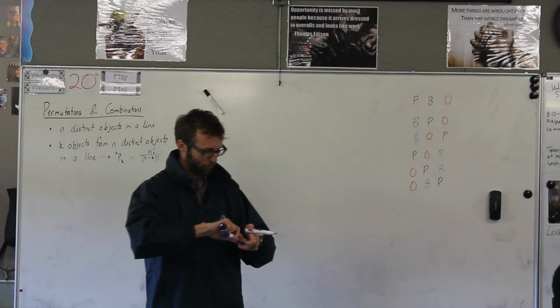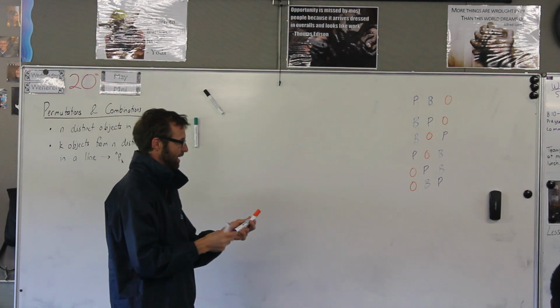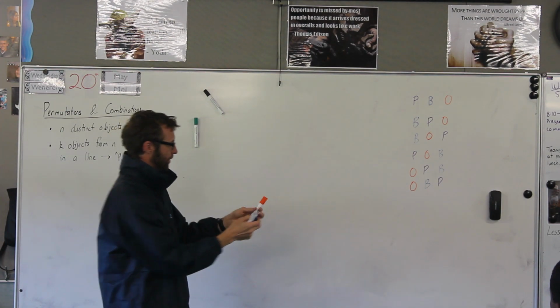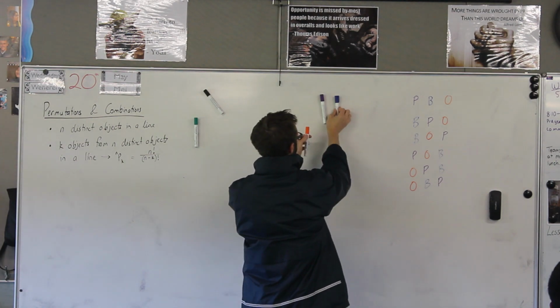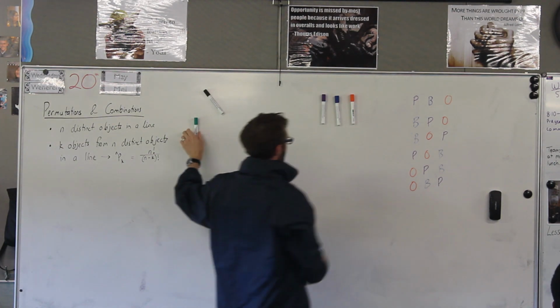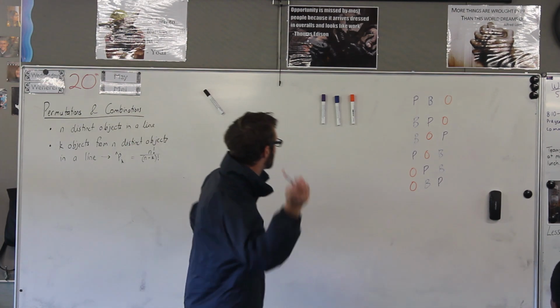Okay, so now we've got those options. We want to add a 4th colour to all of this. What are we going to do when we add a 4th colour? For each of those different options, I'm just going to use the first one here: purple, blue, orange. We were adding red. Here's red.